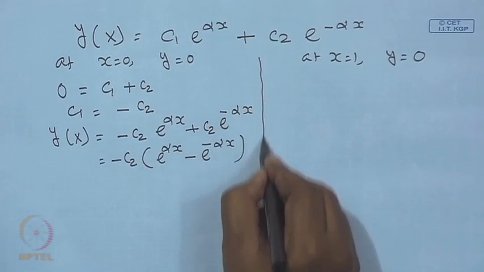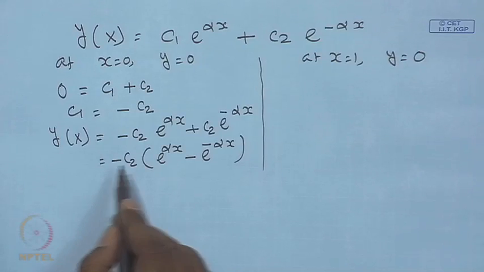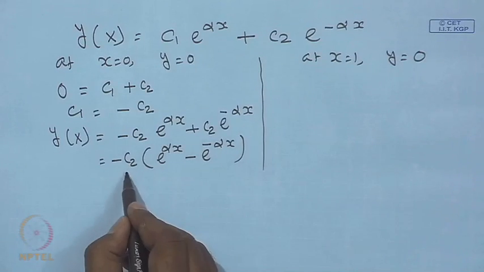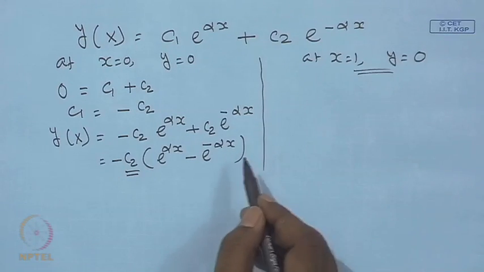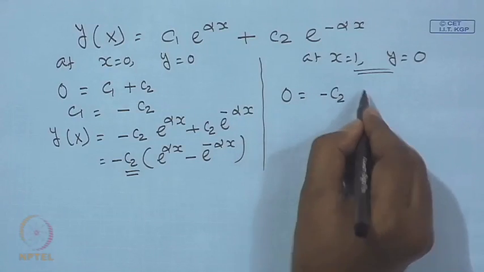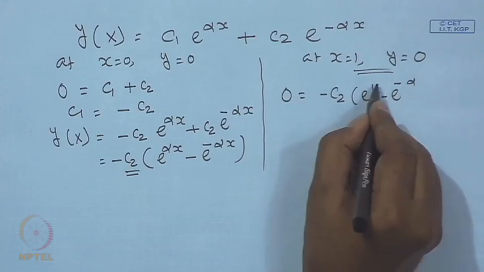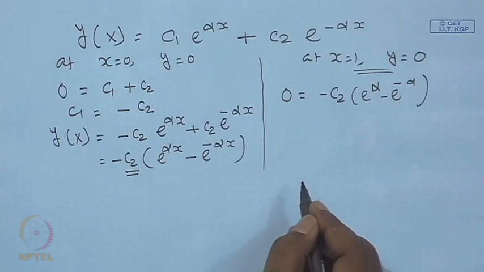Now, we put the other boundary condition and see what is the fate of the constant C 2. So, one constant has to be evaluated and one boundary condition is left. So, you will be having 0 equals minus C 2 times e to the power alpha minus e to the power minus alpha.